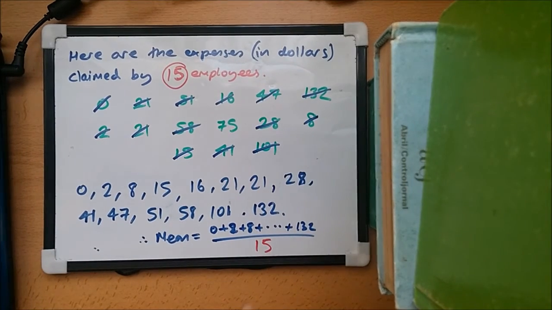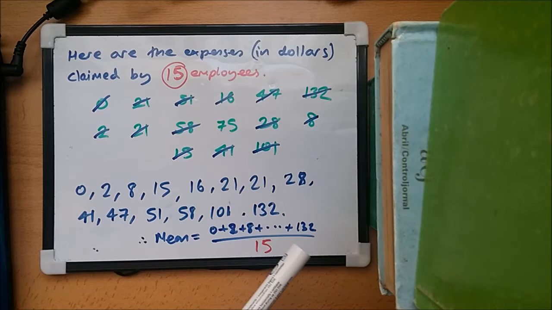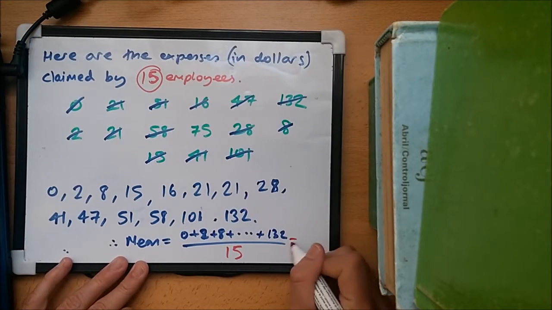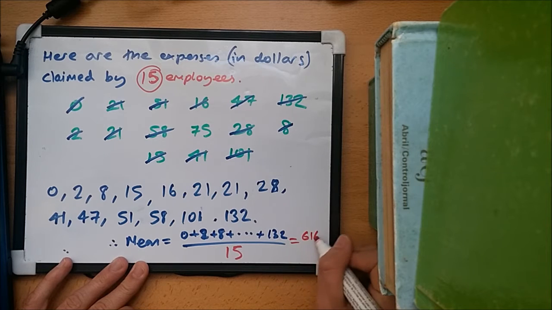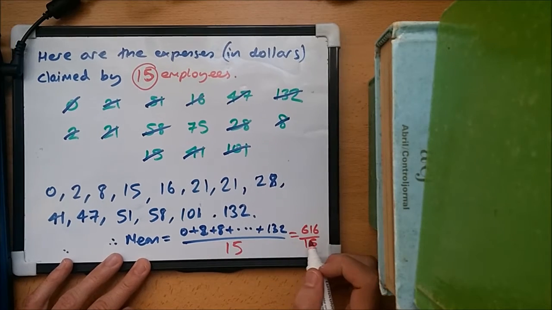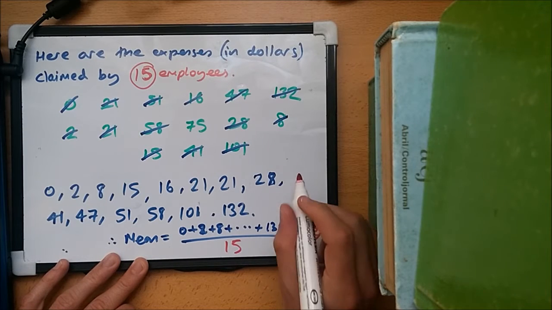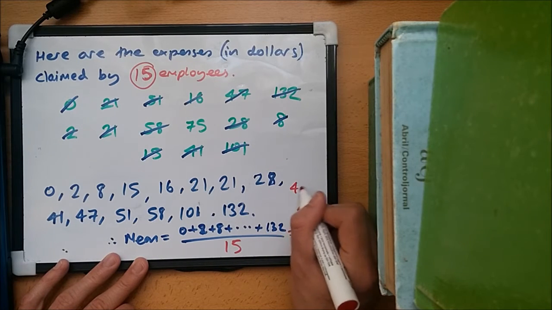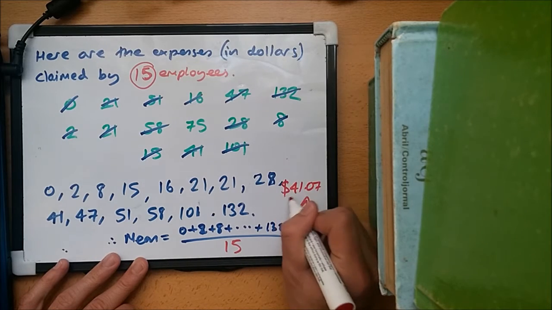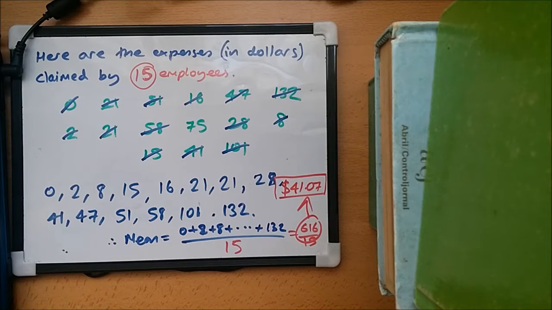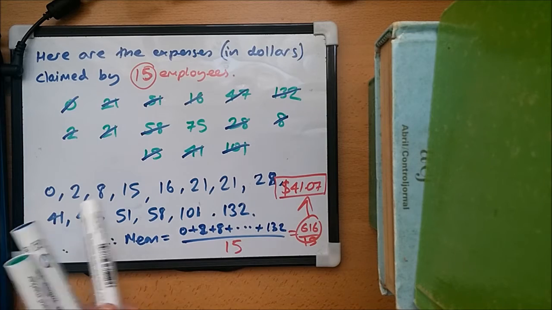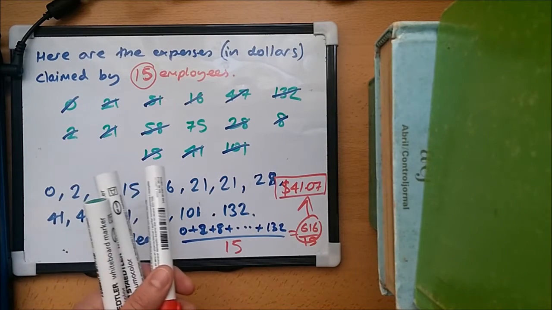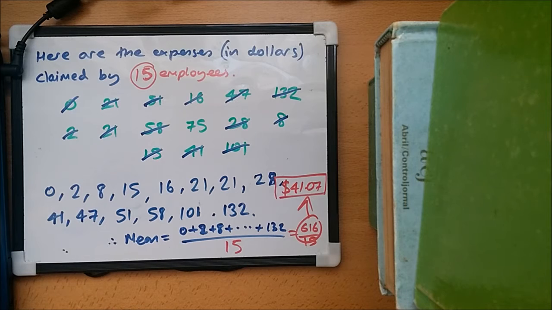When you put this in a calculator, adding up all the top numbers, we should get 616 over 15, and dividing this gives, to 2 decimal places, $41.07. Again, the mean and median don't seem to be similar answers, but this is the case. Very straightforward. If you look back at my other video, I have a more complicated example, probably on question 12 or 13, one of the earlier ones. Okay, thanks. Let's move on to the next problem.